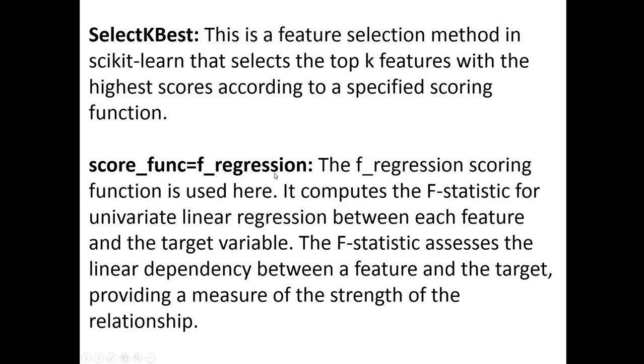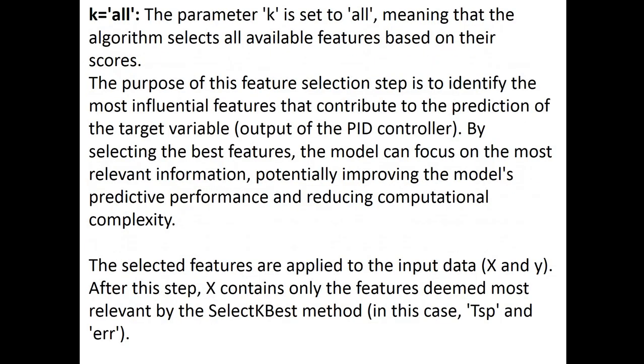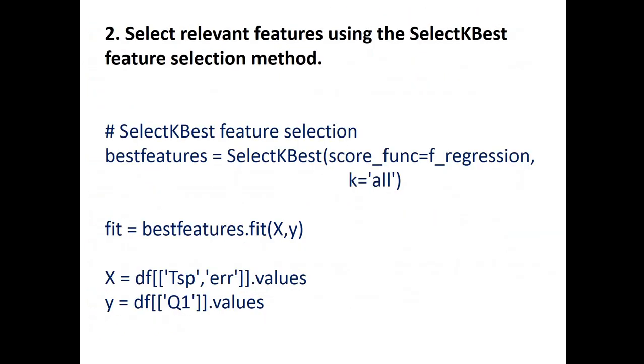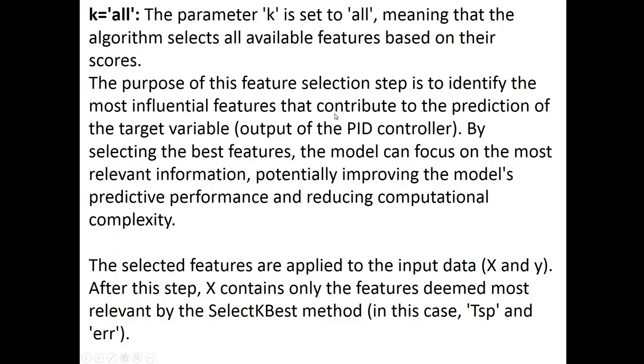And also there is a score function. The F regression scoring function is used here. It computes the F statistic for univariate linear regression between each feature and the target variable, and it provides a measure of the strength of the relationship. Here you can see K is equal to all you have specified. What does it mean?